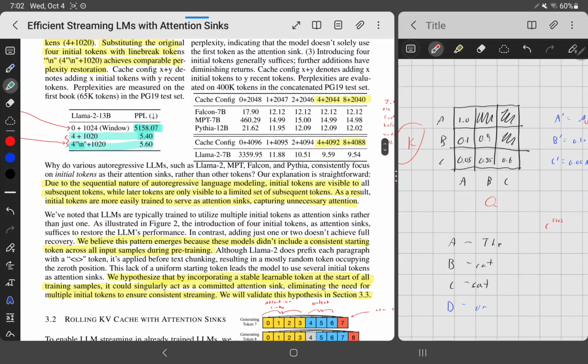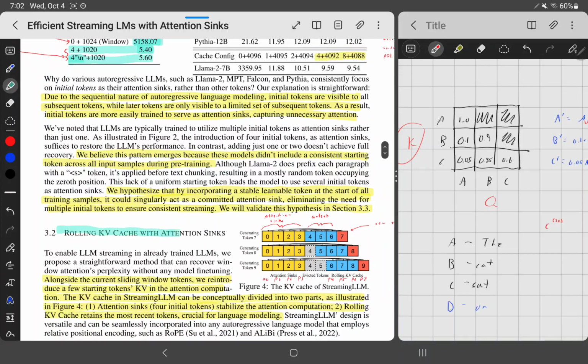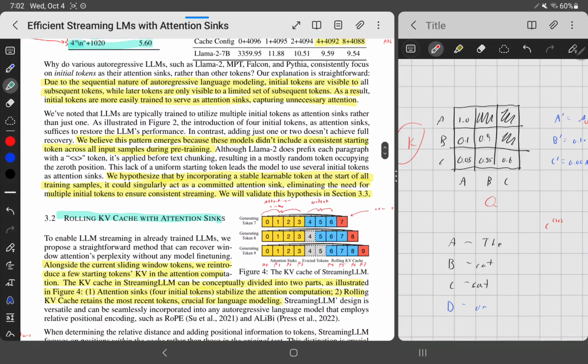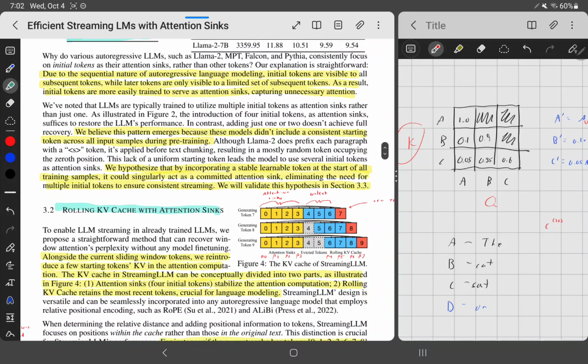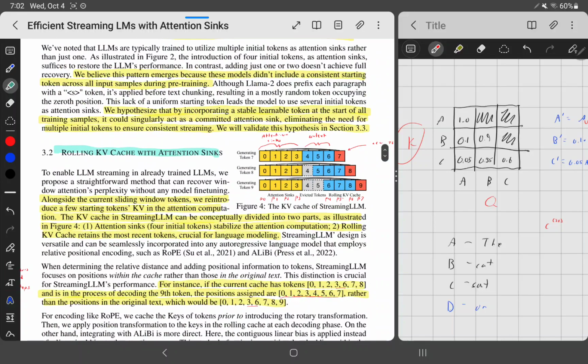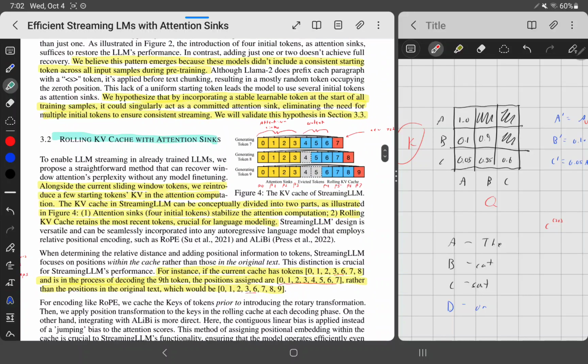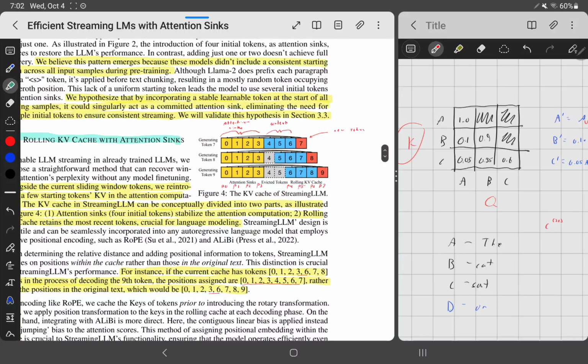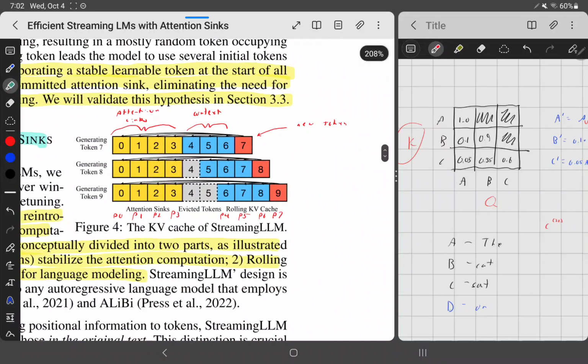Now adding these first 4 tokens, they say here, rolling key value cache with attention sinks. So basically all they do is they add the first 4 tokens. So we can see in this diagram here, we have these 7 tokens. This is our window size. These are our attention sinks, and the attention sinks are just the first 4 values in the model.